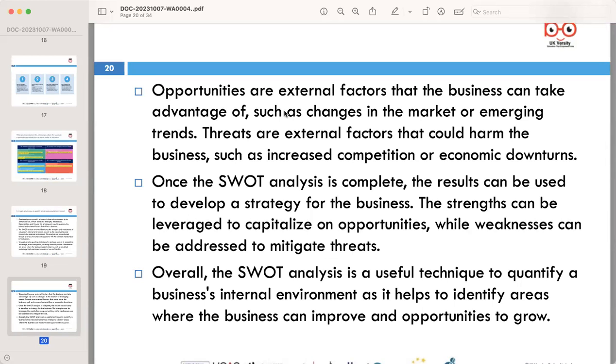Weaknesses are areas needing improvement. Opportunities are external factors that can benefit the business. Threats are external factors that can harm the business. The analysis helps you capitalize on strengths and opportunities while addressing weaknesses and mitigating threats.